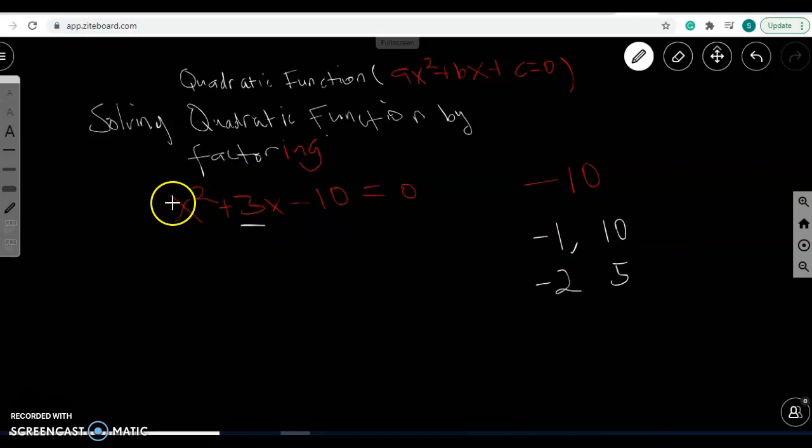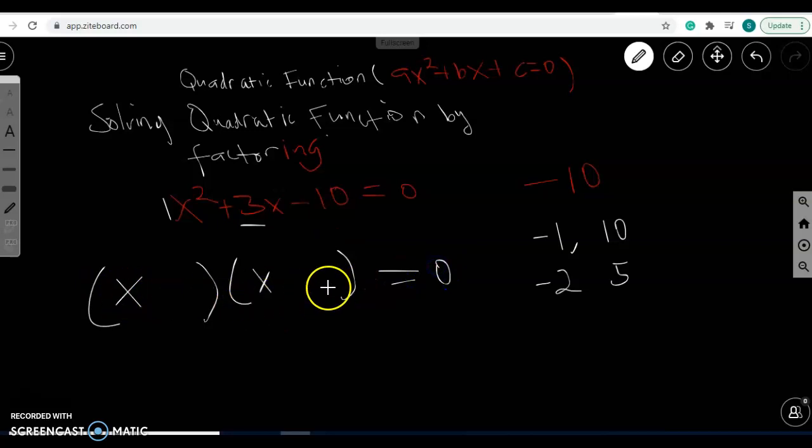Okay. So here, since the coefficient is 1, all you do is write your x and write another x here. You're waiting for the factors to put right here. So here we realize the factors that can add up to give you the 3 is this one. When we add this, we got that.